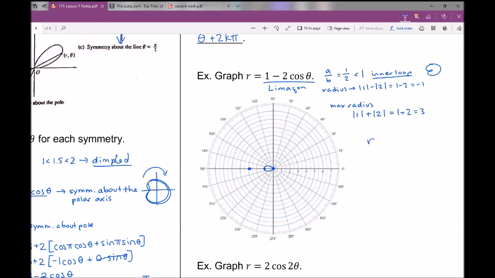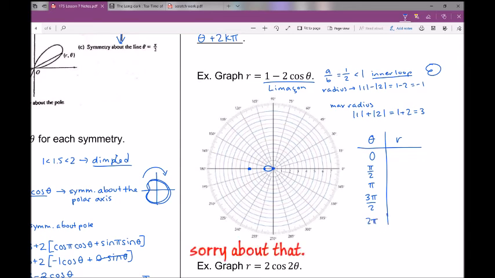So we have R and theta columns, and actually let me switch those because we're going to be solving for R. So we have theta, we have R. Let's pick theta to be our multiples of pi over 2. So we have 0, pi over 2, pi, 3 pi over 2, and 2 pi.